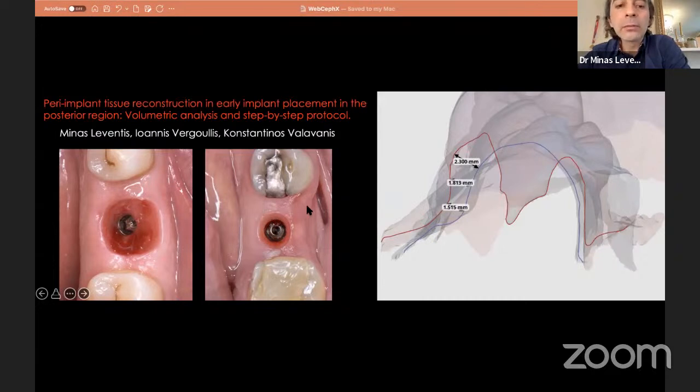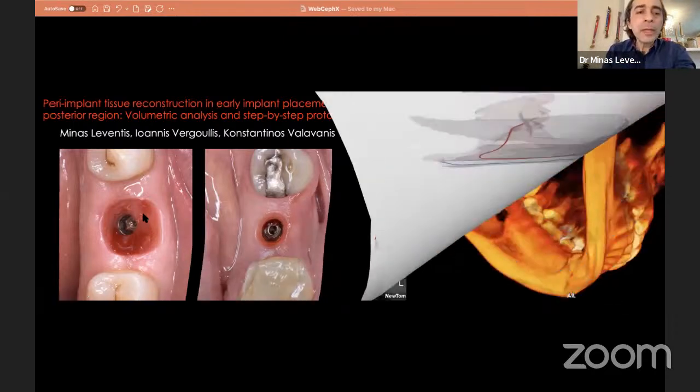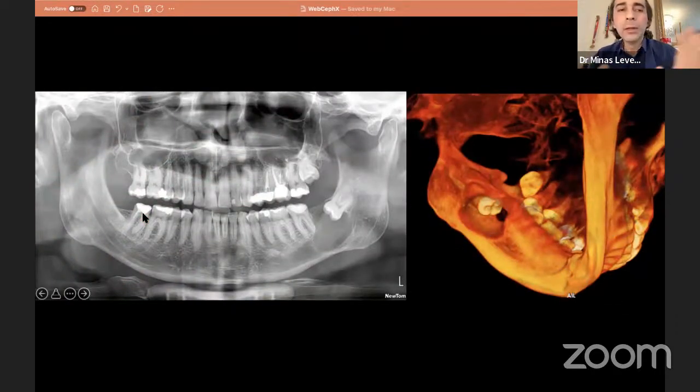We don't get soft tissue expansion, we don't get the perfect emergence and cervical profile. The opposite, when we use a cervical anatomical abutment, we get soft tissue expansion, soft tissue reconstruction. Look at the quality and the thickness and the amount of connective tissue and soft tissue here. And not only that, we have a perfect soft tissue profile.